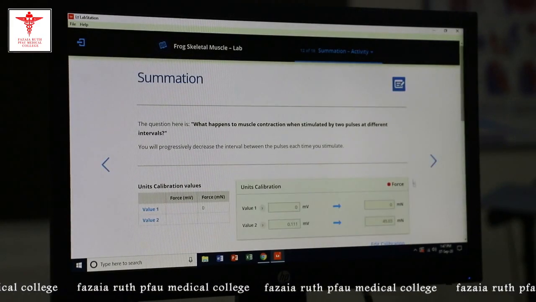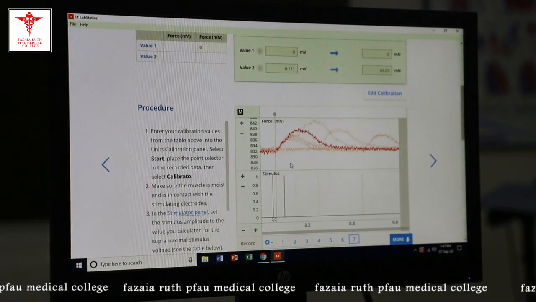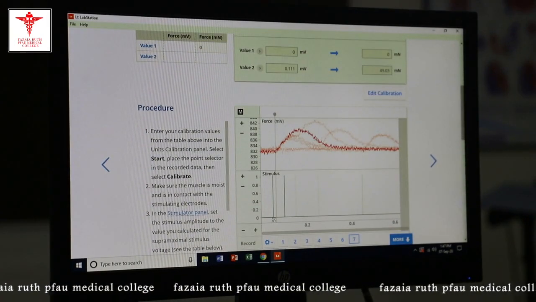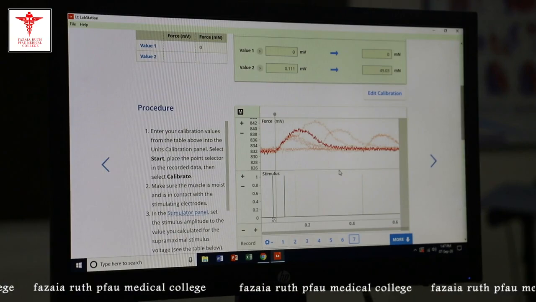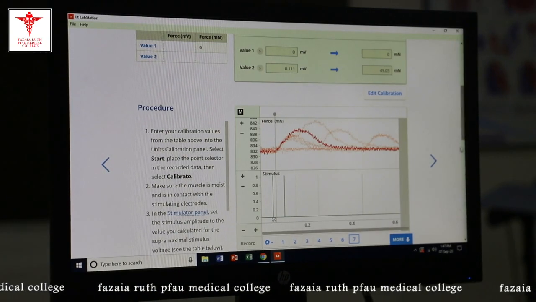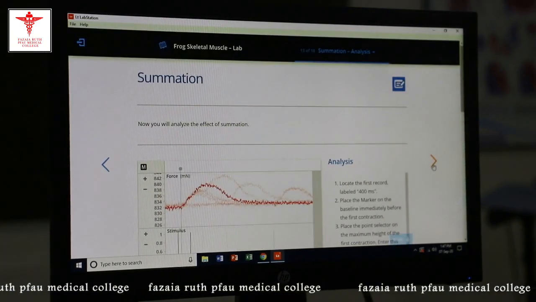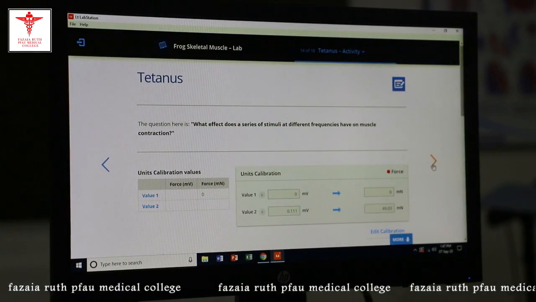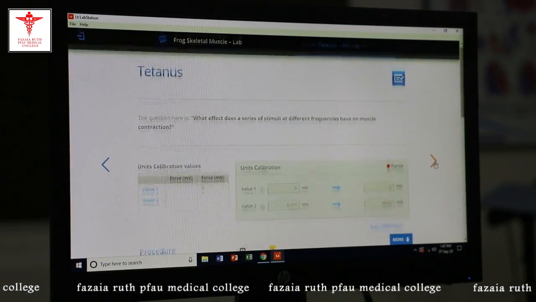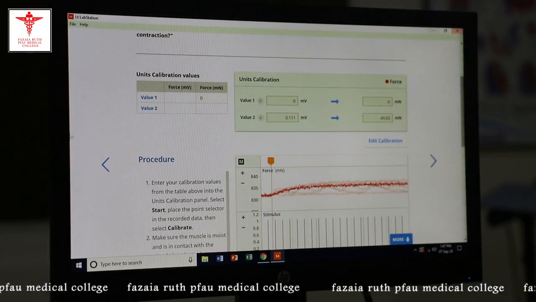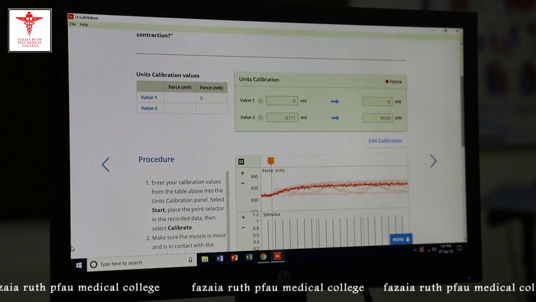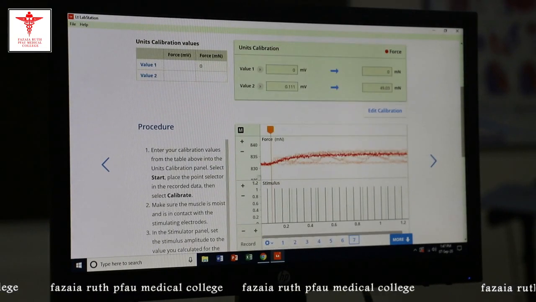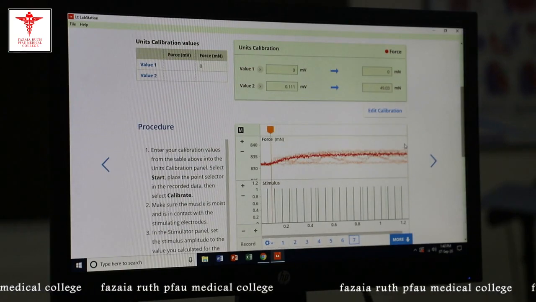And you will be visualizing a graph. If you can see it in the background, it is going to be like this. And all these stimuli will be added up. Eventually, a picture of tetanus will appear, which is like a continuous contraction.